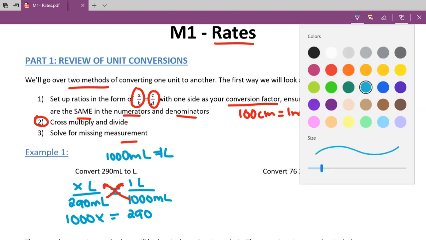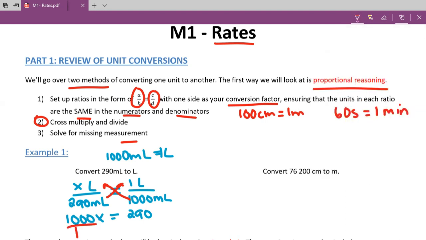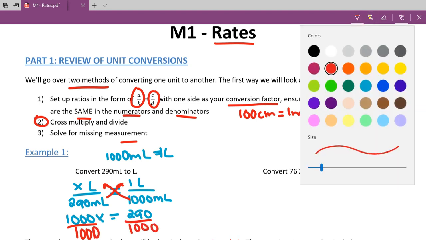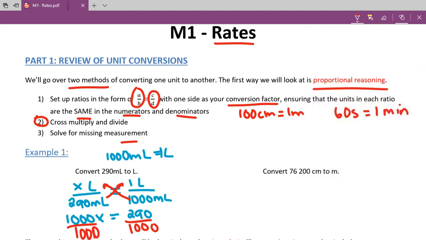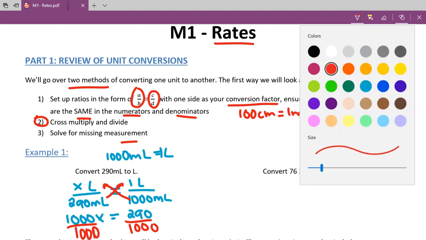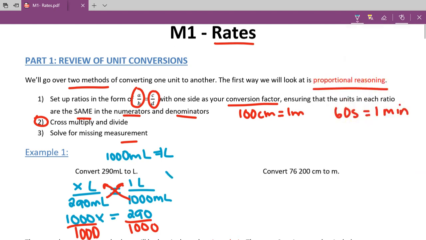And then divide both sides by that 1,000, trying to isolate X. I'm trying to solve for my unknown. But what I do to one side, I have to do to the other. And I end up getting a result that says X equals 290 divided by 1,000.